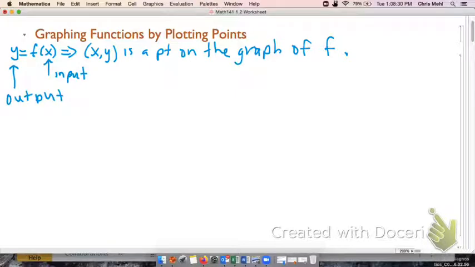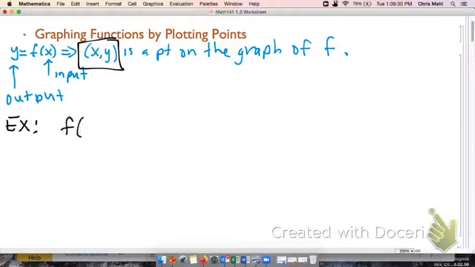So the input of the function is the first coordinate in the ordered pair, right here, and the output of a function is the second. Here's a small example.